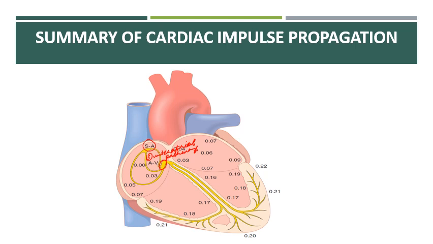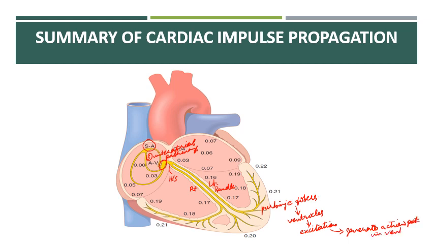Then from the AV node through the bundle of His it passes to two branches, right and left bundle branches, and these bundle branches ramify further to give rise to very long fibers called Purkinje fibers, and Purkinje fibers then transmit impulses to the ventricles to cause their excitation and generate action potential in the ventricular muscle.